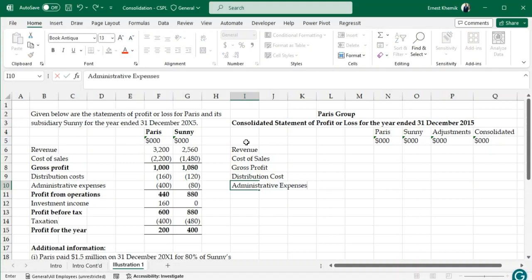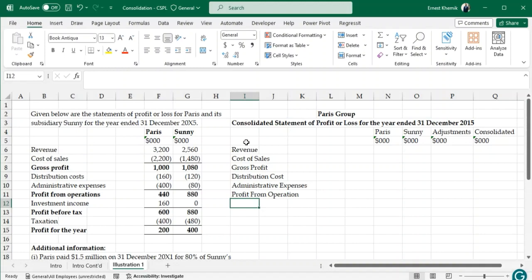We will also have the profits from operations. We will have investment income here. So this is the pro forma statement of profit or loss that we are trying to draw up here.